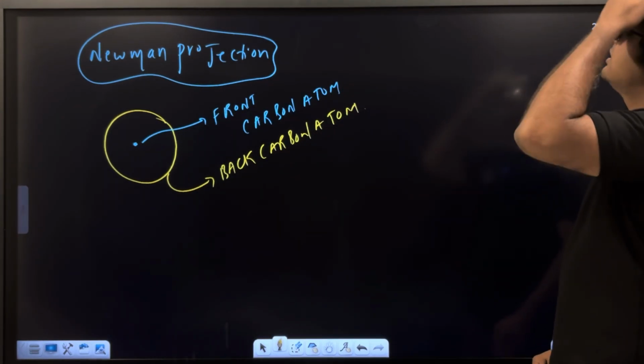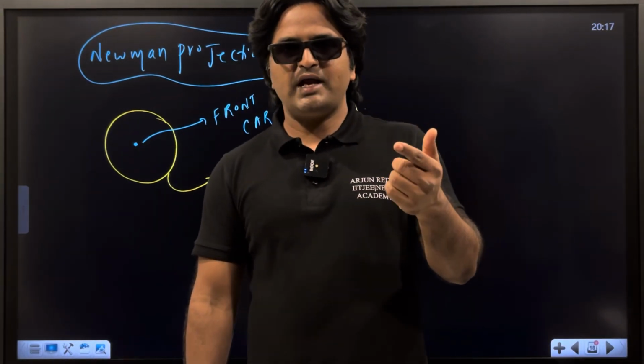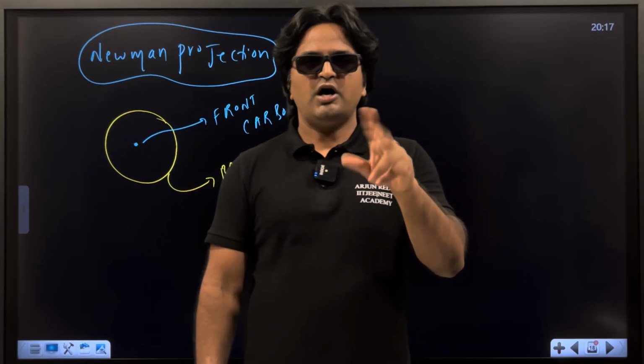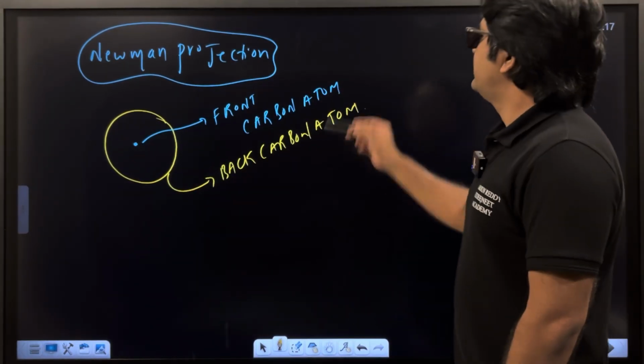After selection of front and back carbon atoms, the next important thing is how the groups, atoms or bonds are separated, and by how much angle. Let me write it one by one.